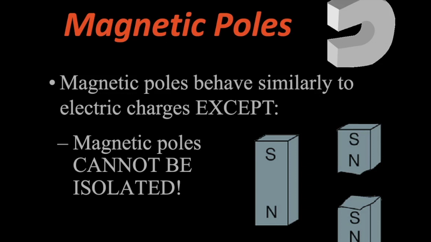The top half will have a south and a north too. You can't just chop that magnet in half and have the bottom half be north and the top half be south. I hope that makes sense.